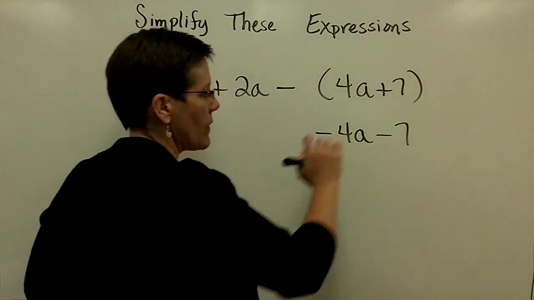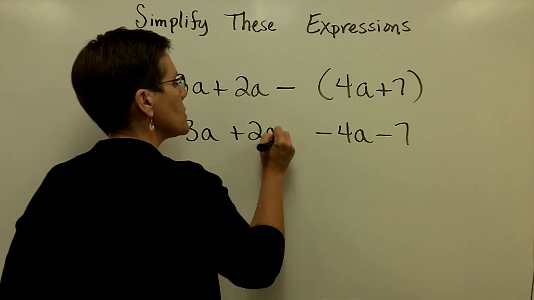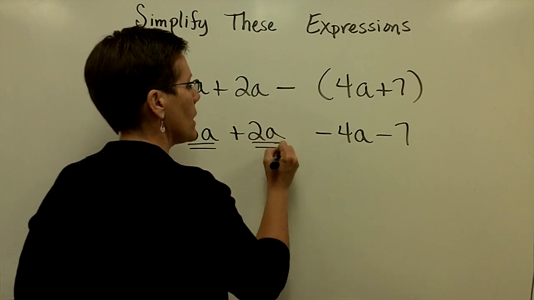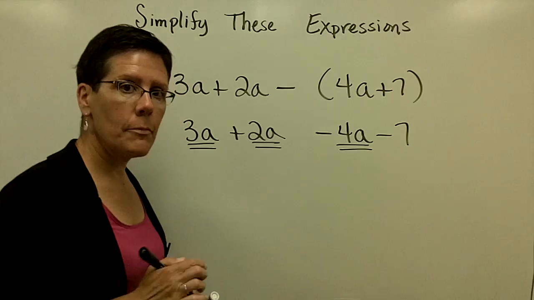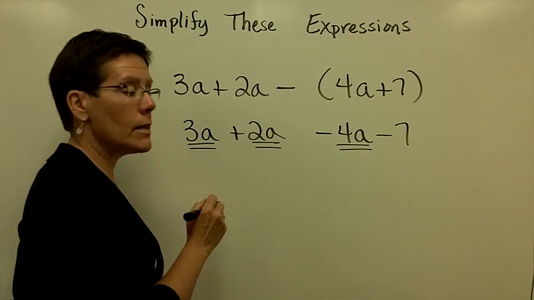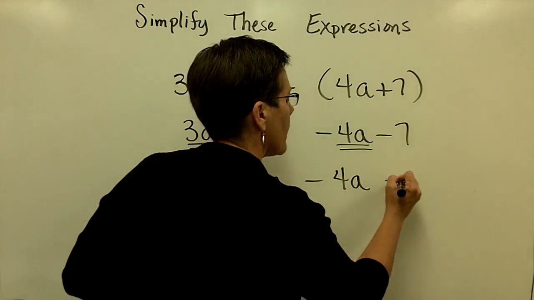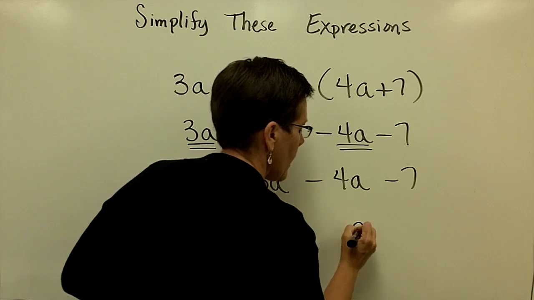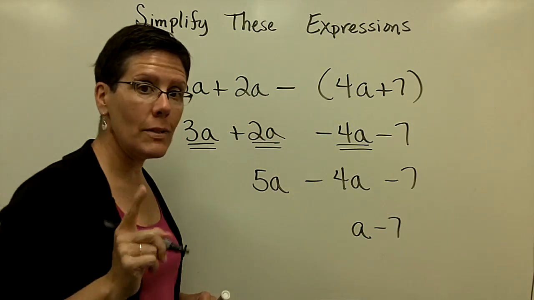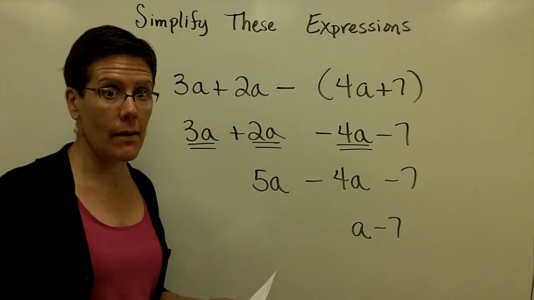You've distributed that negative 1 through those, and now bring down your other terms and collect everything that is like, working from left to right. So 3a plus 2a is 5a, and when I subtract 4a, I'll get a 1a. I won't write that in front, but you can. And my final answer to that problem is a minus 7.